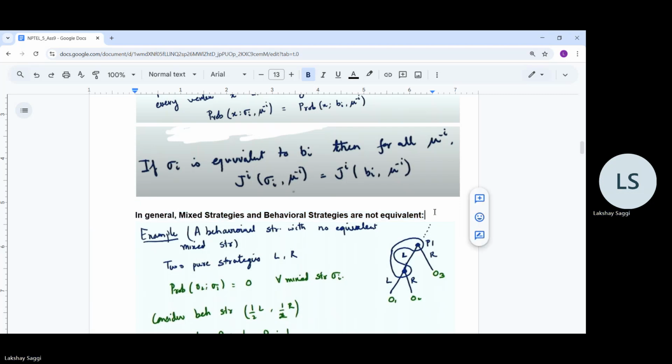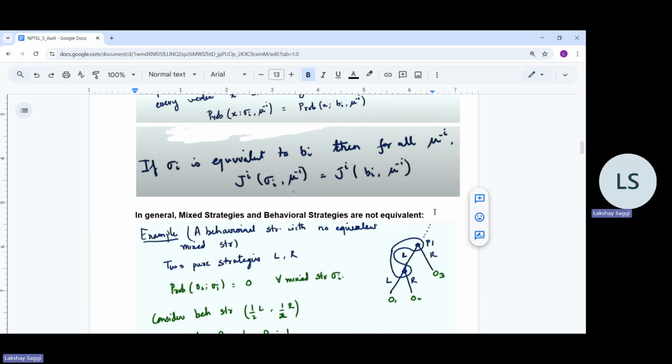So there exist mixed strategies for which there will exist no behavioral strategy. And similarly, there exist behavioral strategies for which there exists no equivalent mixed strategy. These examples were discussed in the lectures also.